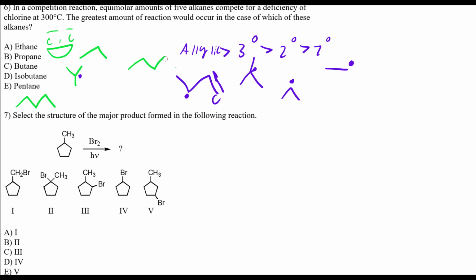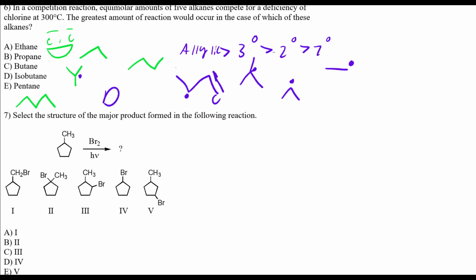My bad, that was pentane. Again, that would just be primary and secondaries. So isobutane, D, would be the best molecule to react with because it gives us a tertiary radical. Again, allylic, which is this, is better than a tertiary, that's better than a secondary, and that is better than a primary radical.